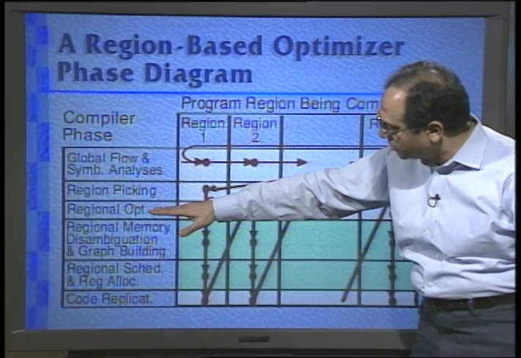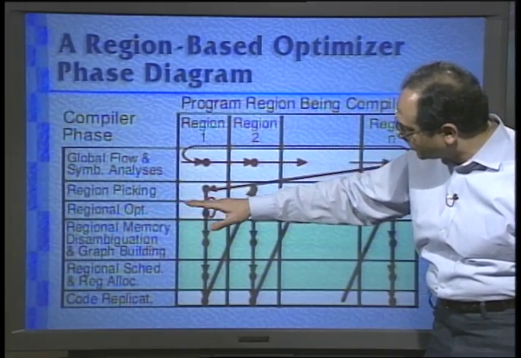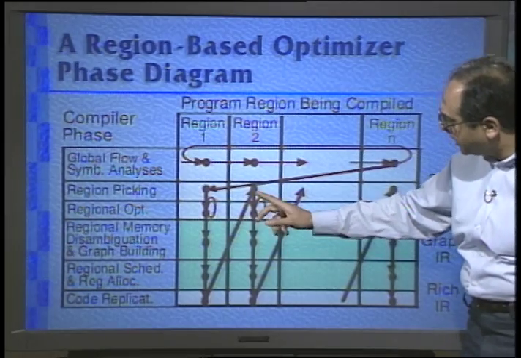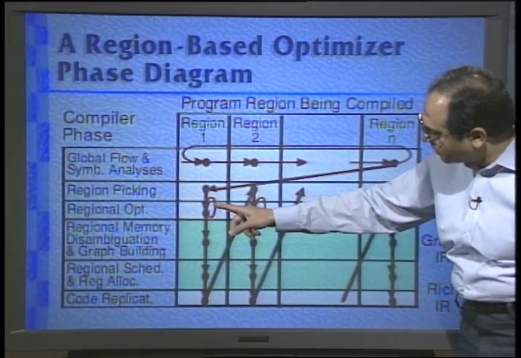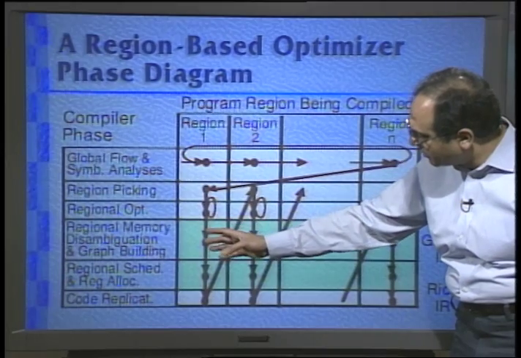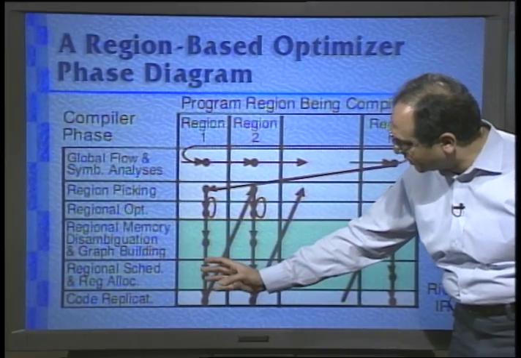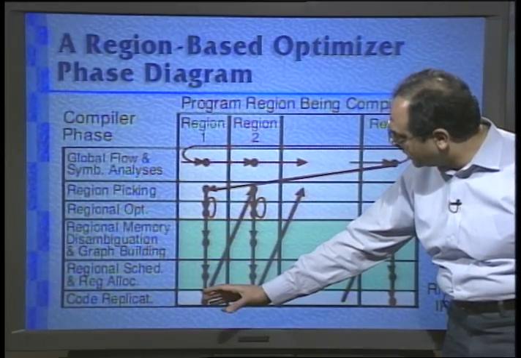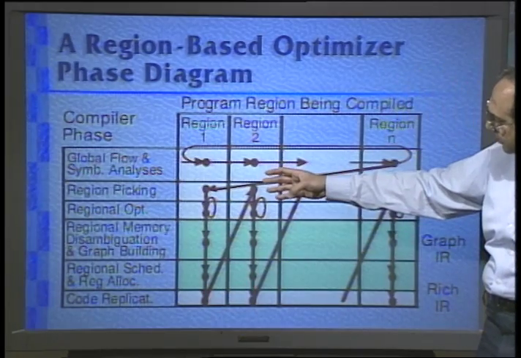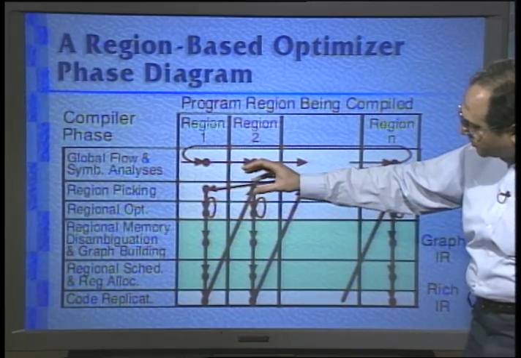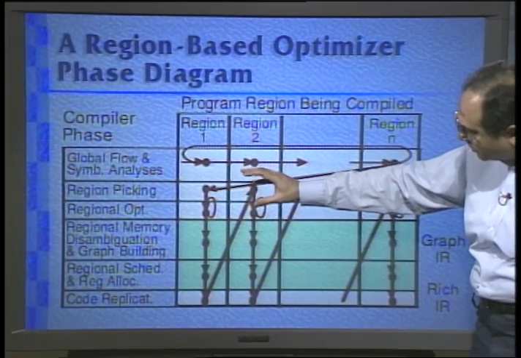So this is much like global optimization, except that it's restricted to the region. So the idea now is you pick a region, you optimize it, you do the memory disambiguation, build a graph, schedule it, create any new code that's needed, and now go back and pick another region. Now, every piece of code gets optimized only once.